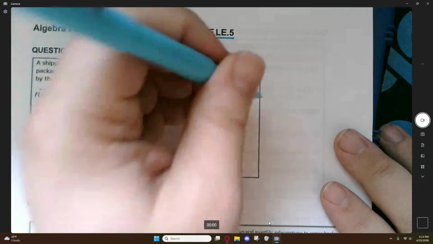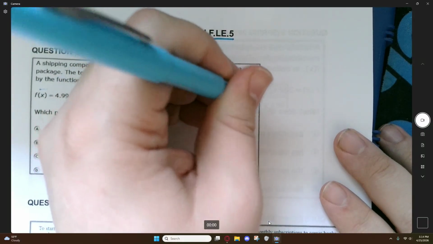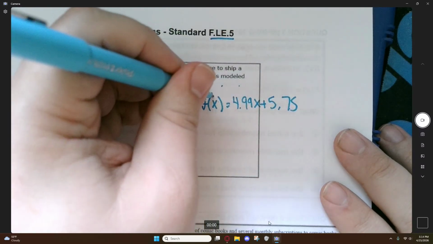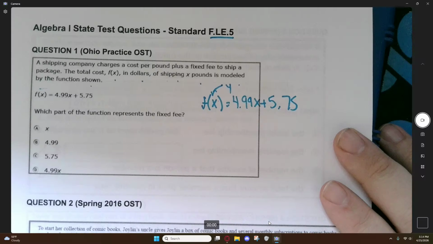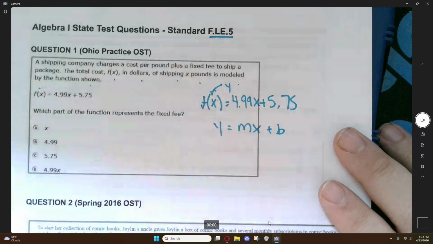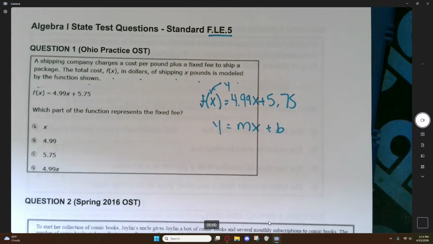even though it's f of x equals 4.99x plus 5.75, remember we talked about how f of x is pretty much always interchangeable with y, and that makes this a y equals mx plus b situation.